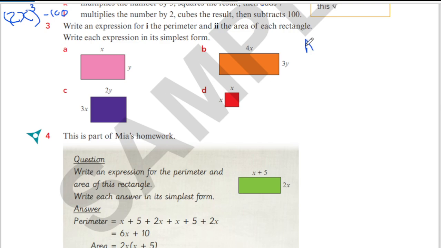To find the area of a rectangle, area is equal to length multiplied by width, and the perimeter is the sum of all sides.